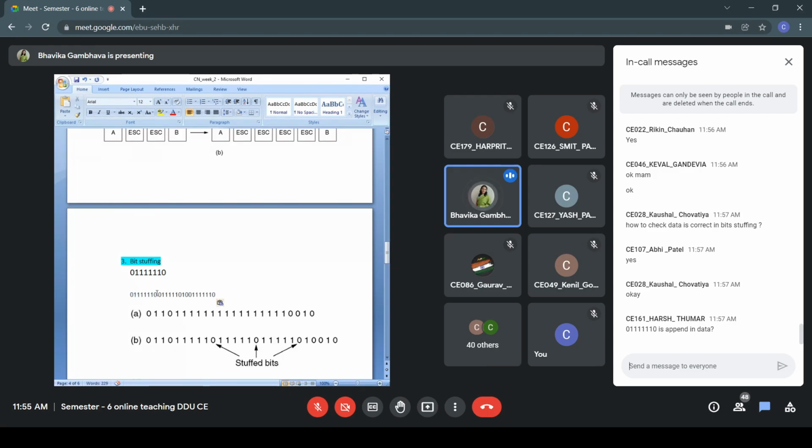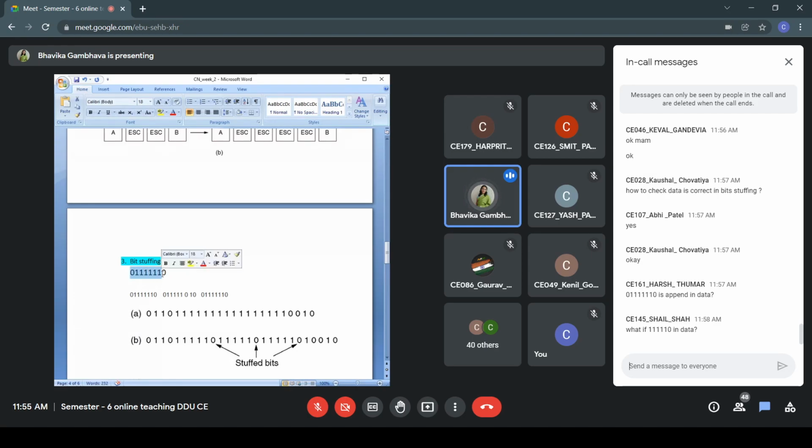There will be no space. I'm just doing it so that you can easily understand. For an example, if this is your data, then you will be inserting the starting delimiter, 0, 5 ones, 0, this 1 0, and then the ending delimiter.